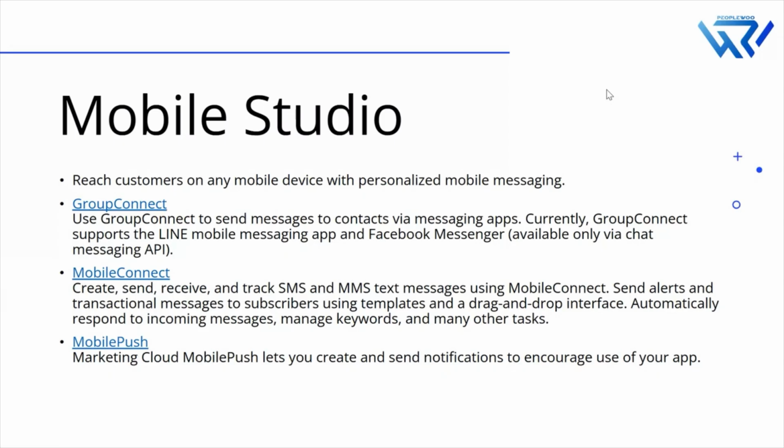Or any news application like Times of India sending you current affairs instantly using push notifications. So all these are communications which can be sent using the push notification feature of Salesforce Marketing Cloud, which is known as mobile push.